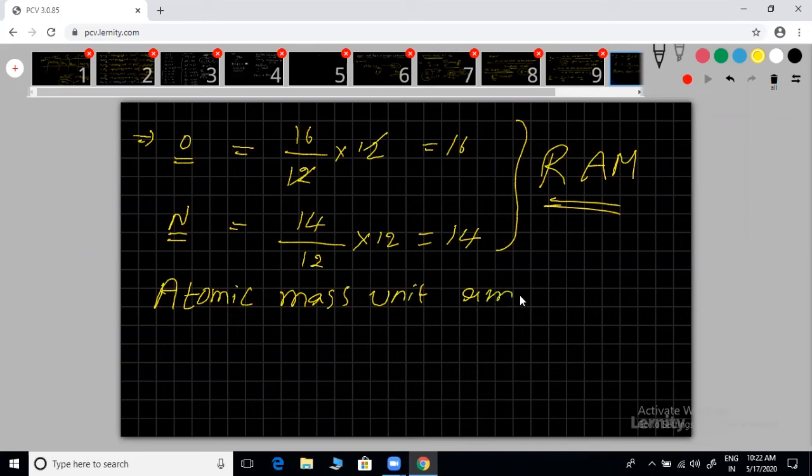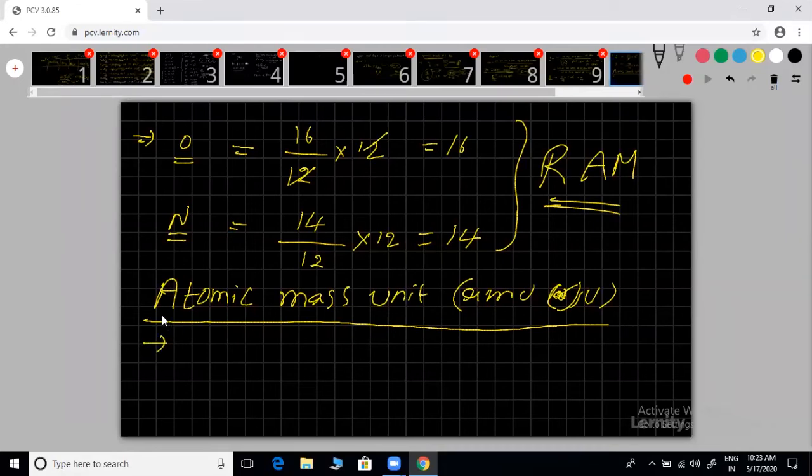We call this AMU or u, unified mass. Both are the same.